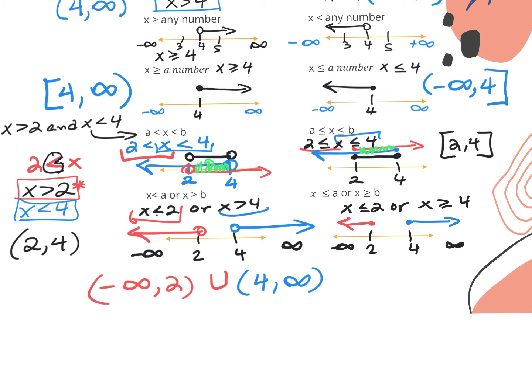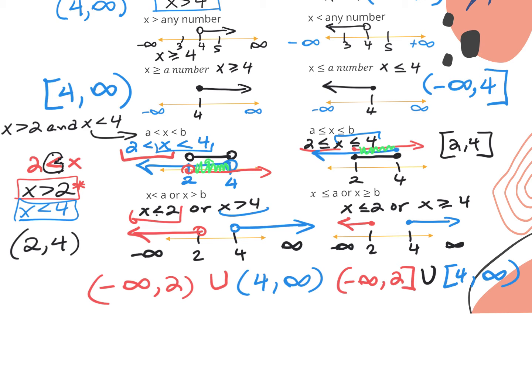I read left to right. So for the red, it's from negative infinity up to the 2. The 2 gets a bracket because of the less than or equal to. Then I union that with the blue. And it starts at 4 and it goes to positive infinity. Remember, infinities always get a parentheses around them.